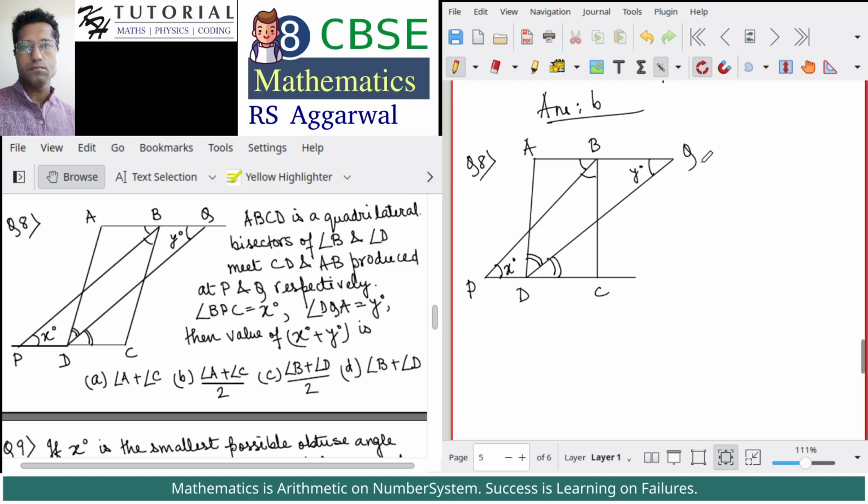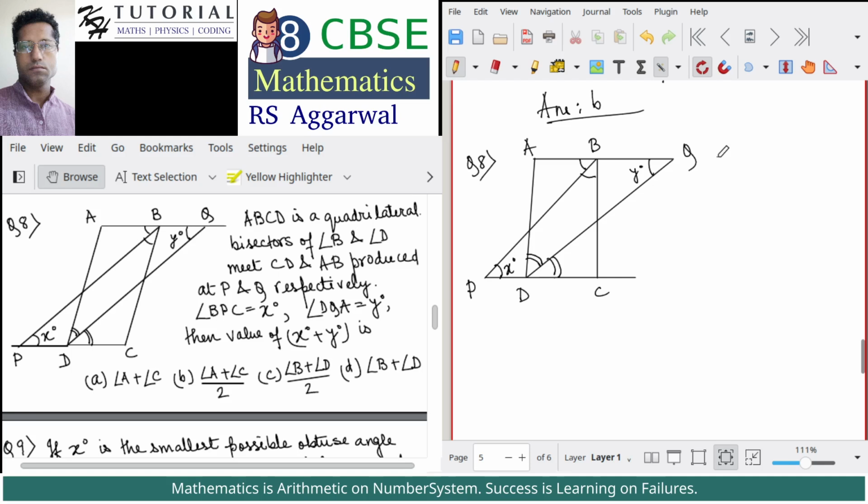It is asking to find the value of x degree plus y degree. Even if we need not find individual values of x and y, somehow we can find the value of x plus y. Okay.